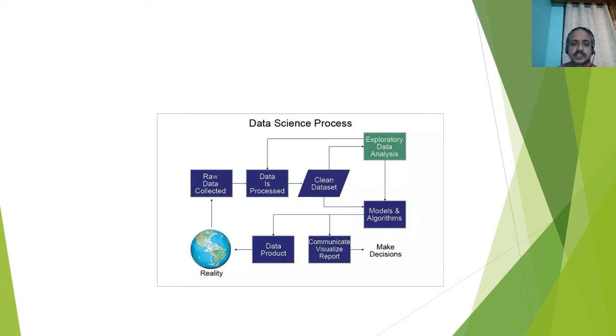Sometimes instead of visualizing the report, it will be sent to a product which they can sell to the market, and that product will be sent to the real world. So the data science process has all these stages: raw data, cleaning, EDA, algorithms, visualization, product building.